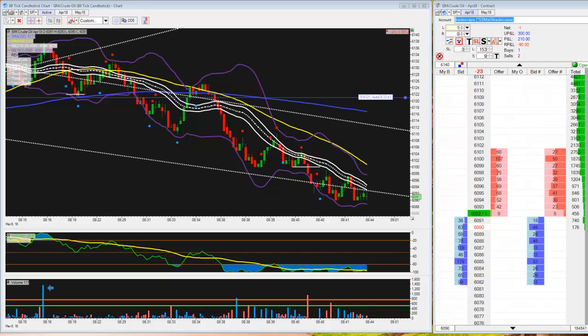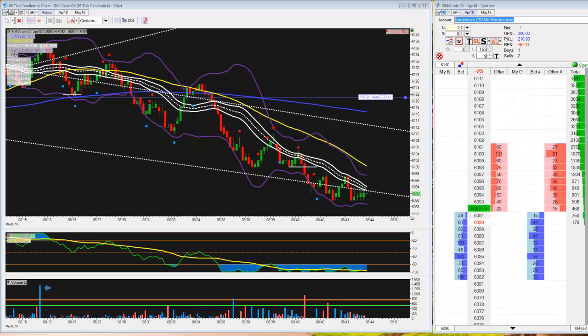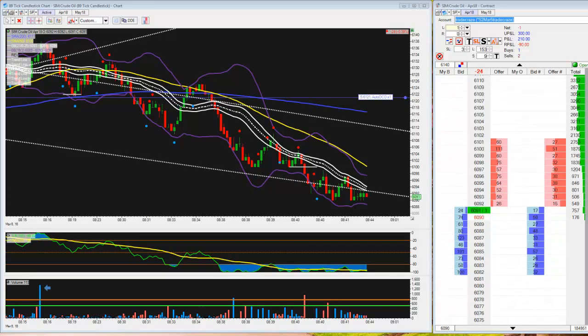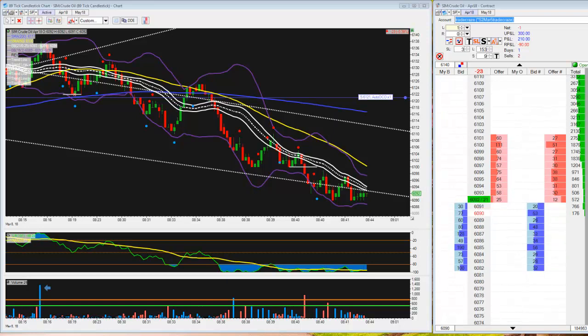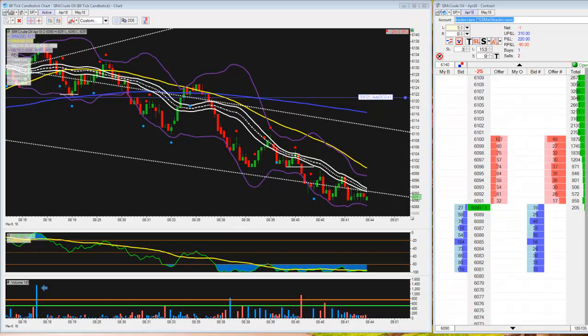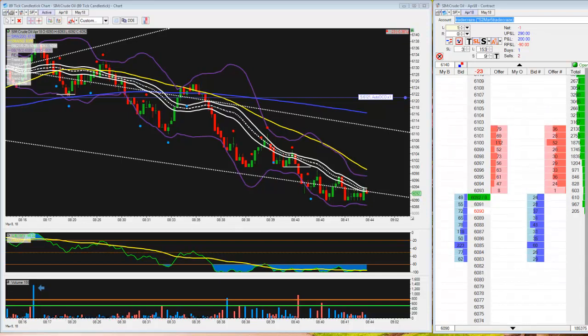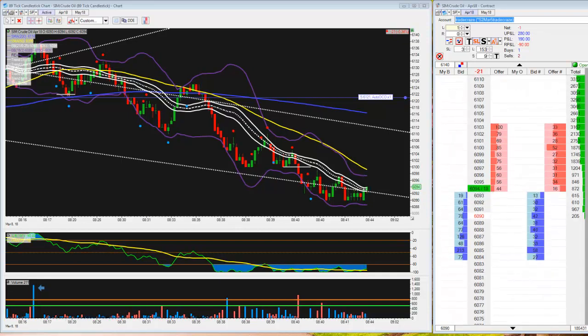New low of 60.90 there. Made a new low by 5 ticks for now. 60.90 low.